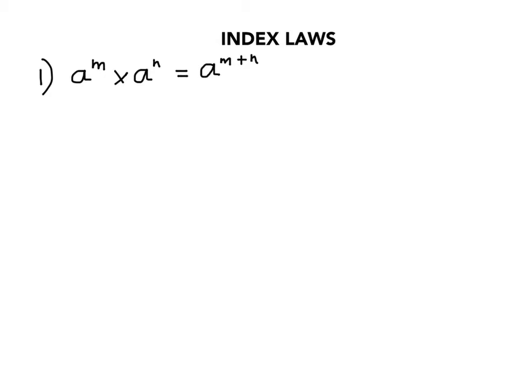Now let's look at some interesting characteristics of powers. The first one tells us that when we multiply numbers with the same base, the result will be a number with the same base as well, and for exponent it will have the sum of the two exponents.